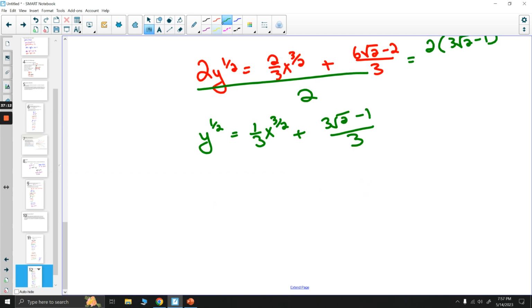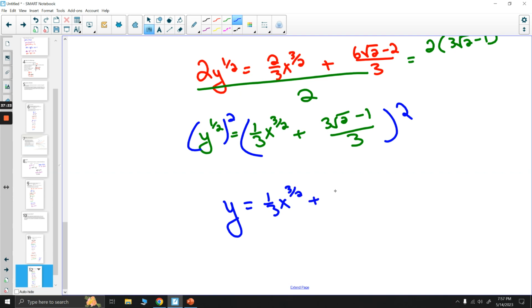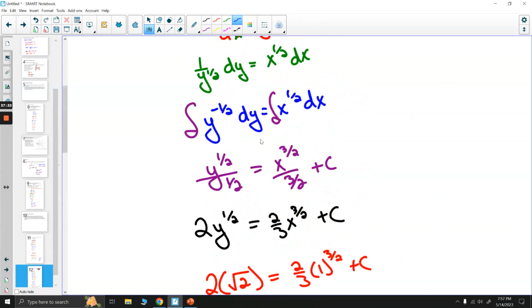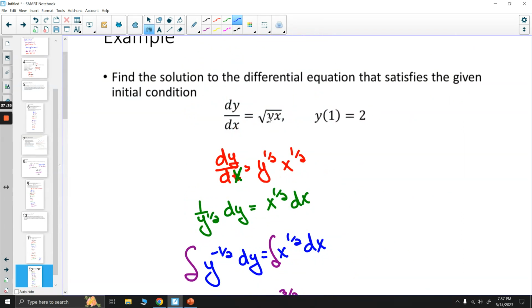Okay, so we're here. Now what we need to do is square everything. And we get y equals 1/3 x to the 3 over 2 plus 3 square roots 2 minus 1 over 3, squared. And this is our function that would solve this differential equation.